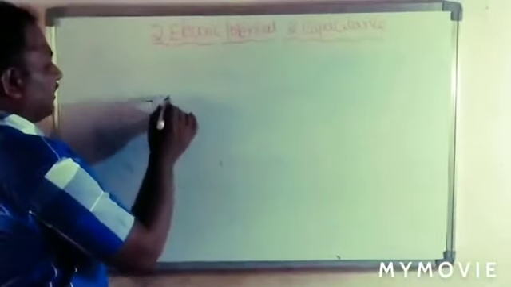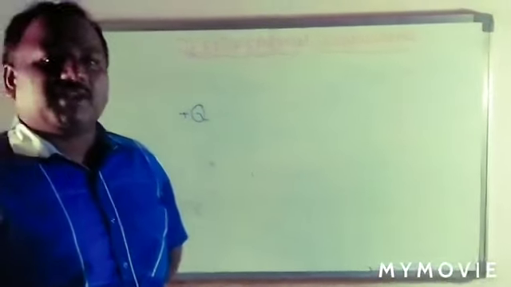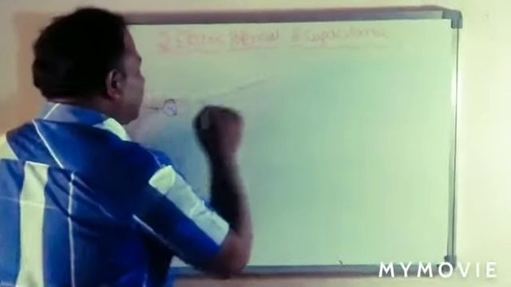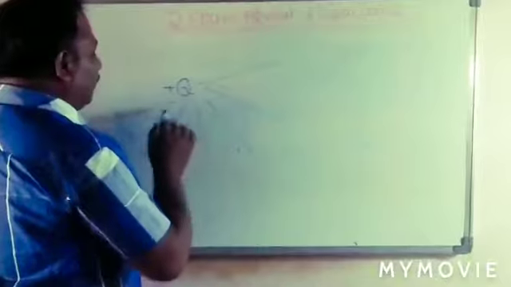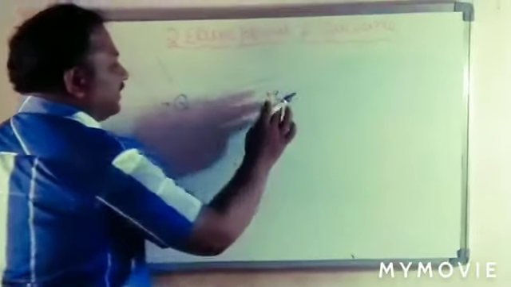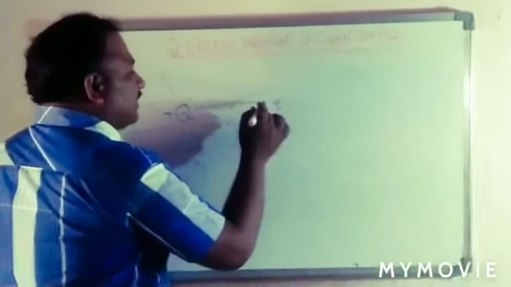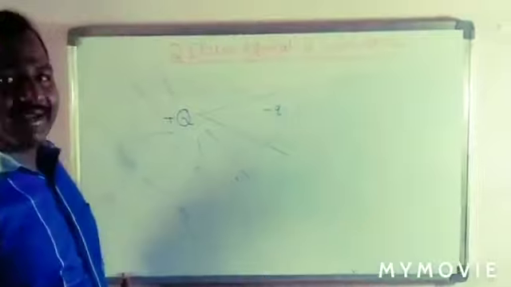Similarly here also, there is a charge. Around this charge a certain electric field will be there. Now in this electric field, if we place a positive charge, the charge is repelled by this fixed charge. If you place a negative charge, the charge is attracted.